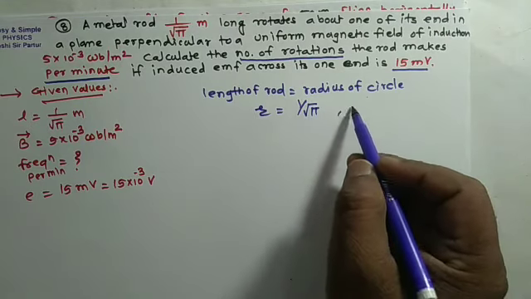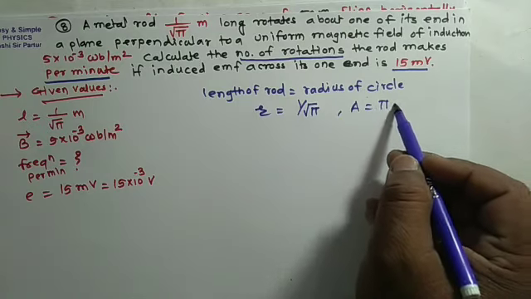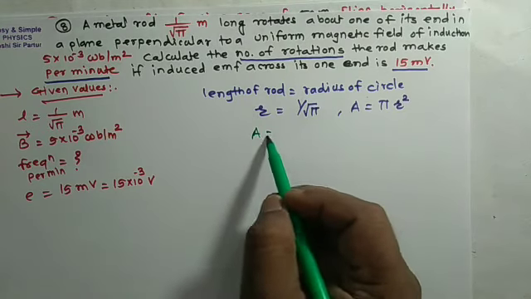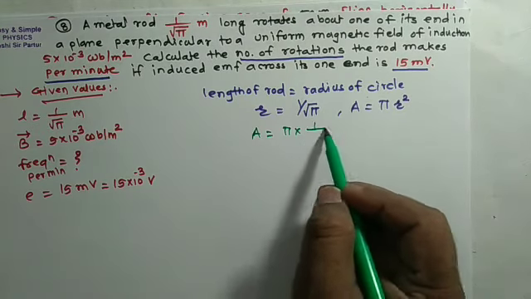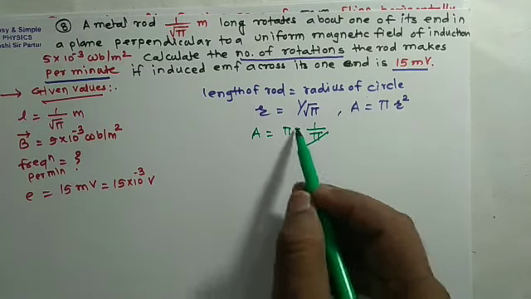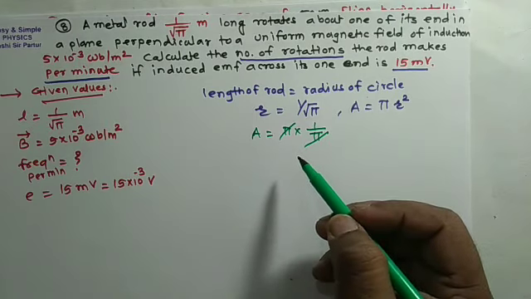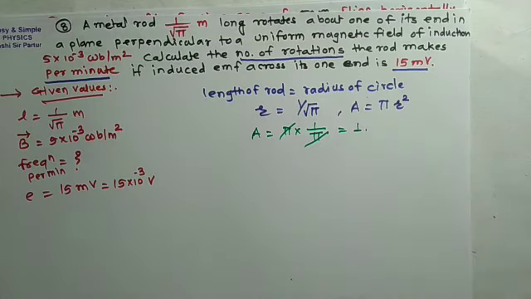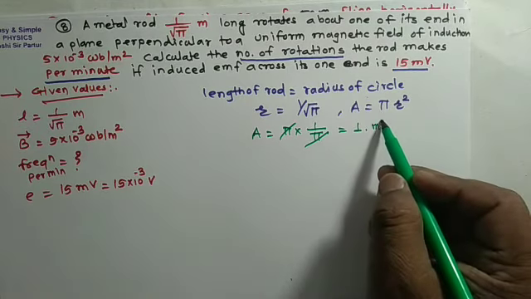The area will be pi r square. So area will be written as pi into 1 upon pi. Pi gets cancelled. So the area will be 1 meter square.